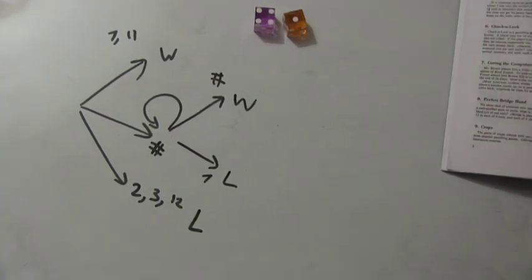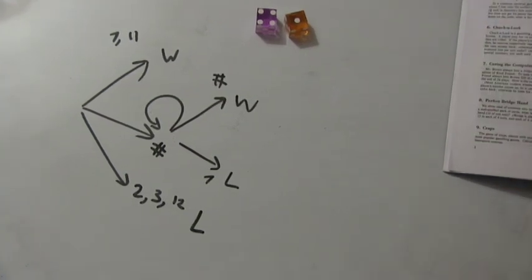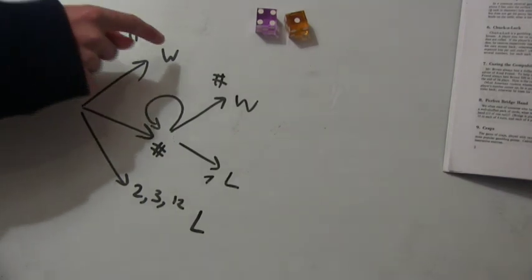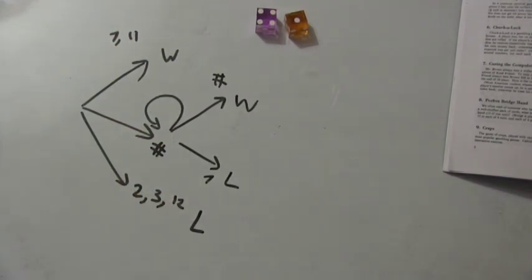Okay, so tell me some of your thoughts on this game. Well, it seems like we can pretty easily calculate these 2 scenarios. And then for the middle scenario, we have to calculate the probability that we throw every other number.